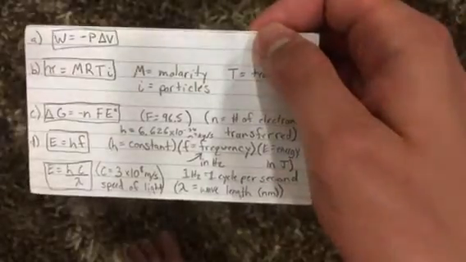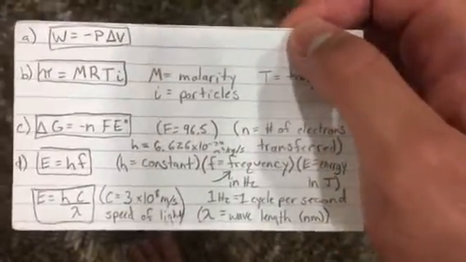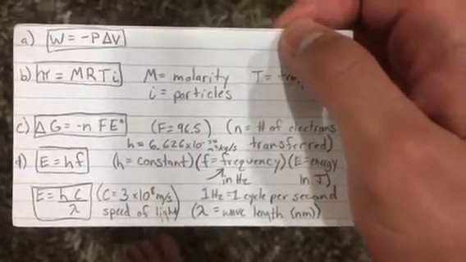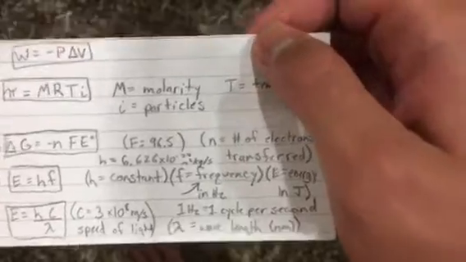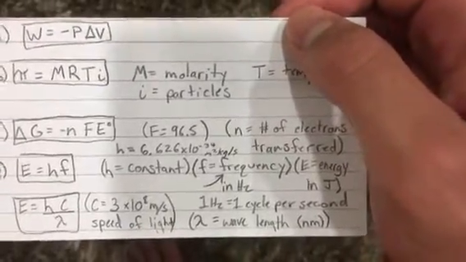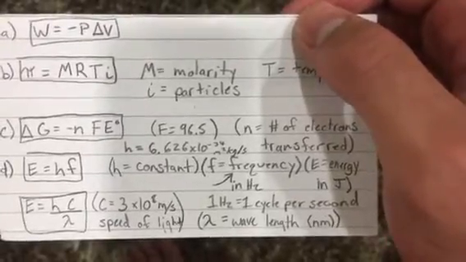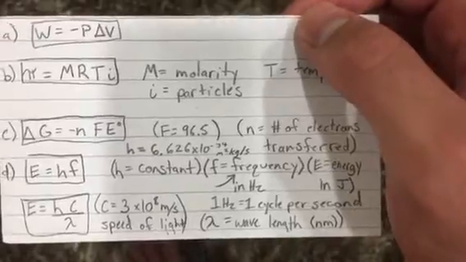The frequency is in hertz. E is equal to hc divided by the wavelength. c, of course, is the speed of light, which is 3 times 10 to the 8th meters per second. And then, hertz are cycles per second, by the way. Wavelength will be measured in nanometers.